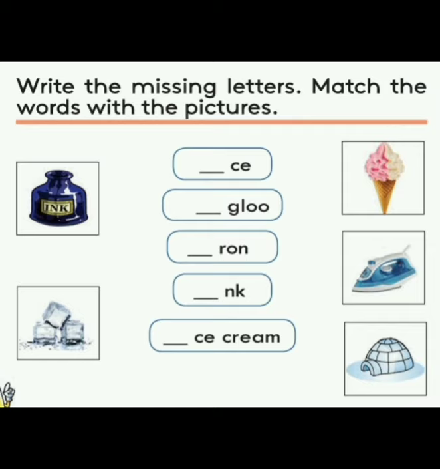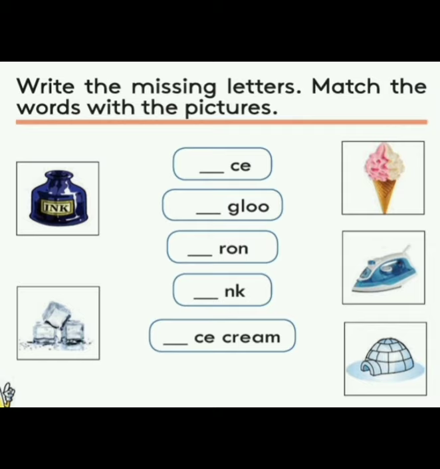So all these words start with letter I. So you know what the missing letter is by now? It is letter I. At the very beginning of this session we have learned 5 words starting with letter I, and we have learned how to spell them. So you know what the missing letter is here. You have to write it out, then match these words correctly to the pictures.